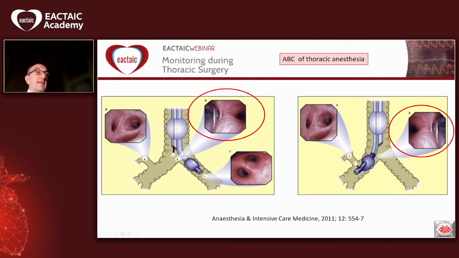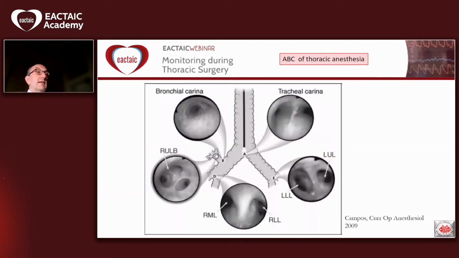Your bronchoscopic skills should be good enough to have sufficient information about the distance between the carina and the right upper lobe, between the carina and the secondary carina in the left main bronchus. Maybe most importantly, you have to be able to differentiate between the carina and the secondary carina here in the left main bronchus.